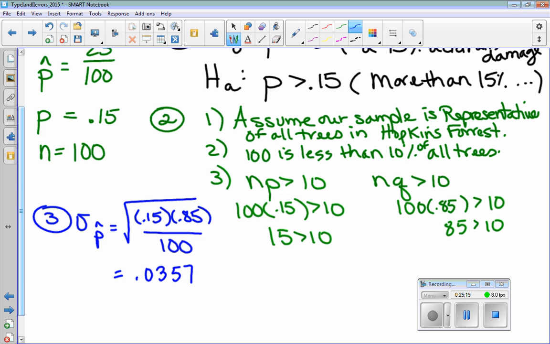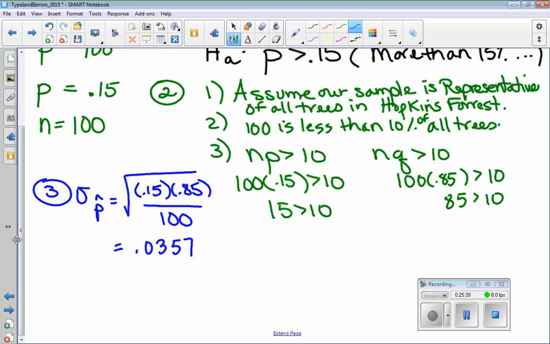Good. Okay. Now what? Daniel, what do I do next? I got to find Z. Tanner, what's Z? What is it in just general terms? Z is a what? Test statistic, which we talked about just a second ago.